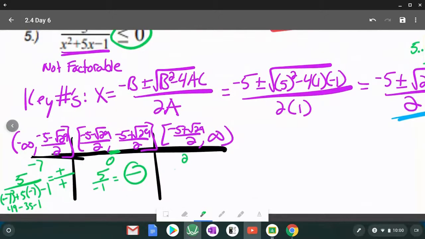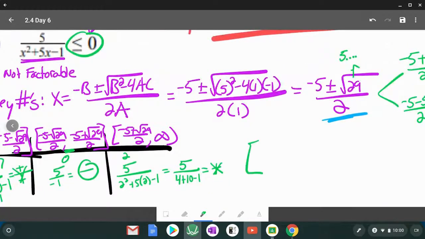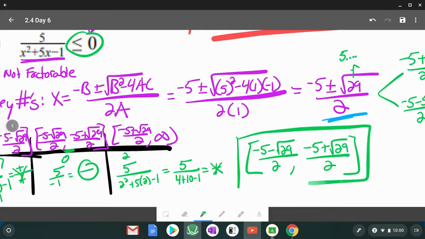And if I pick 2, we have 5 over 2 squared plus 5 times 2 minus 1, which is going to be, I'm plugging in 2, it's not 5 squared. It's 5 over 4 plus 10 minus 1, so it's going to be a positive again, which again, we're not looking for. So the only solution set that works is negative 5 minus root 29 over 2 and negative 5 plus the square root of 29 over 2. Again, with brackets because it is included.